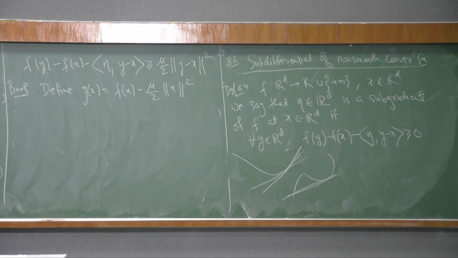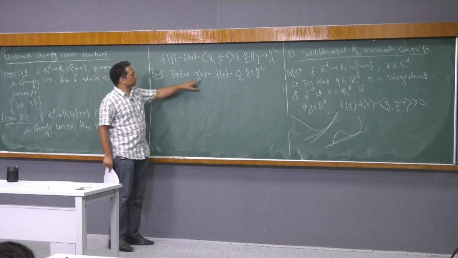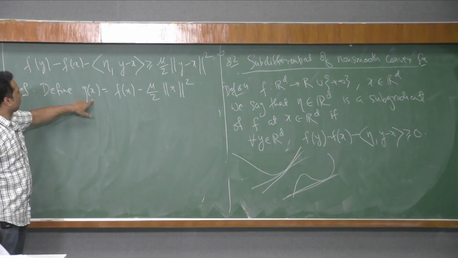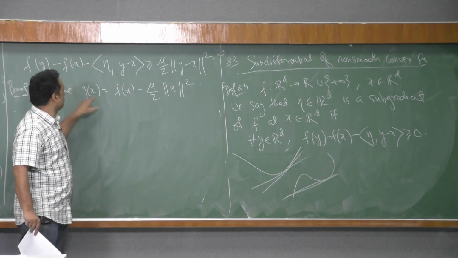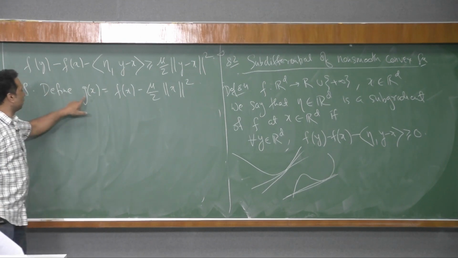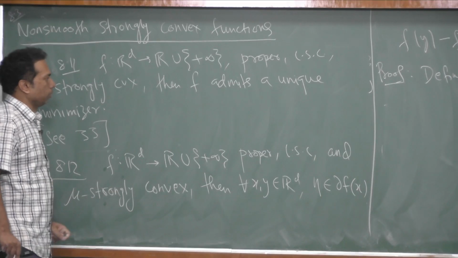So this means that if f is mu strongly convex, then g will be at least convex. Although I am subtracting mu by 2 norm x squared, it is not guaranteed to be mu strongly convex, but it is guaranteed to be at least convex.